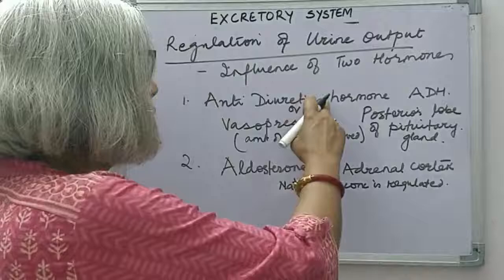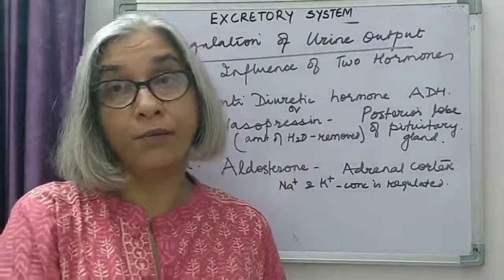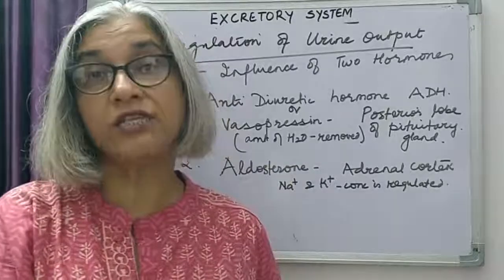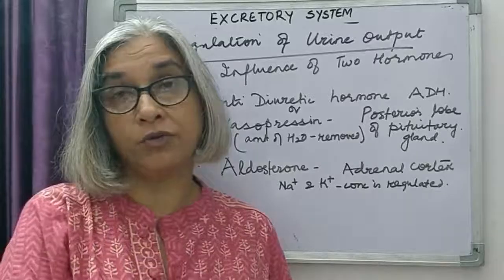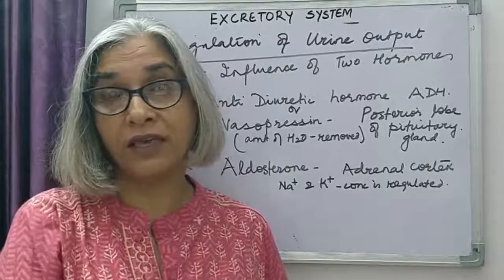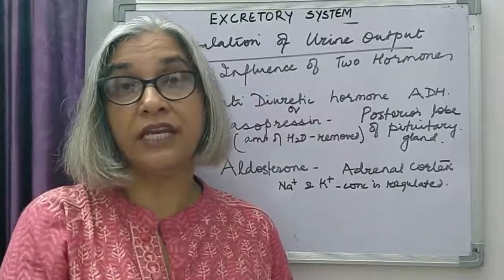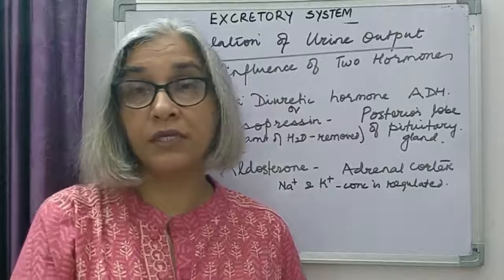So this hormone is responsible for absorption of water by the kidney tubules. So more ADH is produced, and as a result more reabsorption of water takes place. And the blood plasma, if it is concentrated, ADH secretion increases, more water absorption takes place.